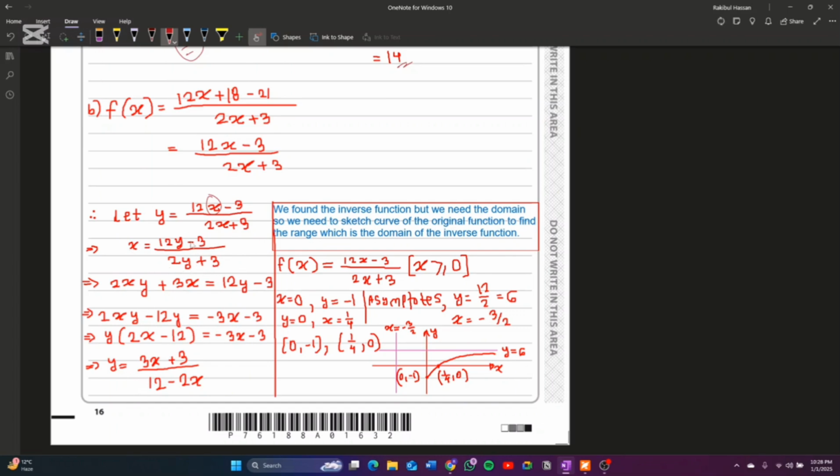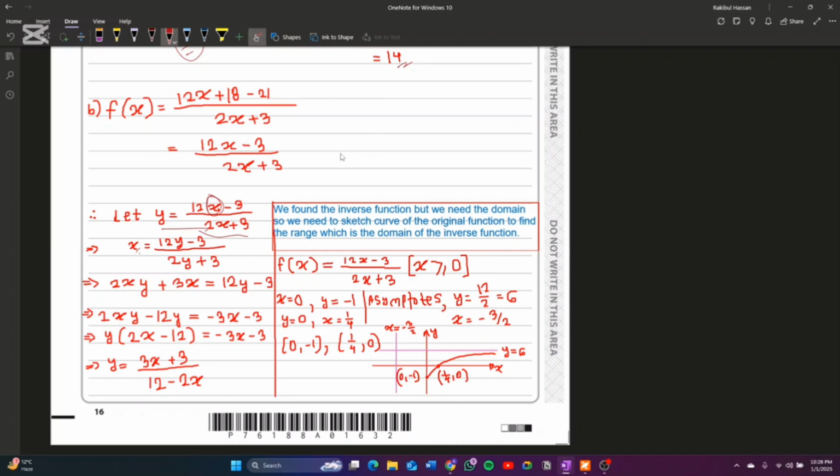Here they have done it a different way. There are two ways. One is that you find y equals this, and then you make x the subject, or you just swap the x and y. In place of y, you write x, and in place of x, you write y, and then you try to make y the subject. It's the same thing.